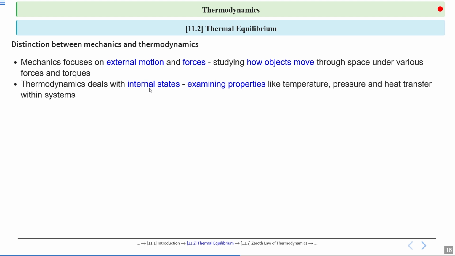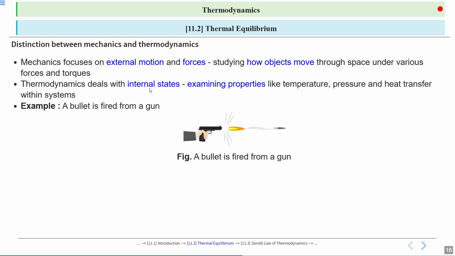Here we take an example related to mechanics and thermodynamics. A bullet is fired from a gun. All right. In mechanics, we focus on external systems. When a bullet is fired from a gun, mechanics analyzes the bullet's flight path and velocity.